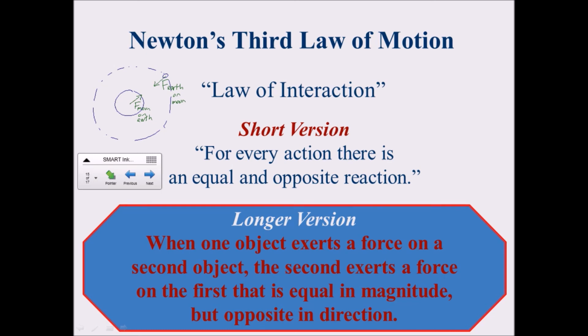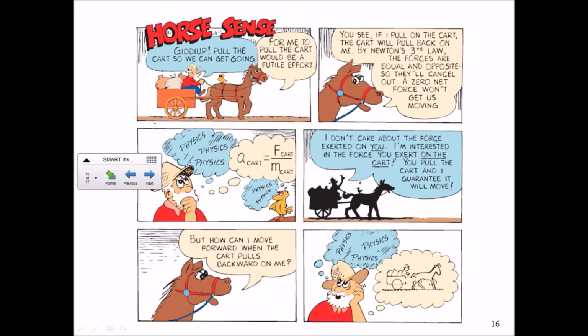But it is true that if the Earth pulls on the ball, or the Earth pulls on the Moon, then the ball or the Moon must pull back on the Earth with exactly the same force in exactly the opposite direction. And so what I'd like to close with is this little cartoon that sometimes you see that illustrates some misconceptions with Newton's third law.